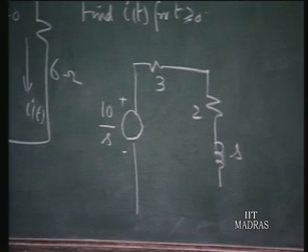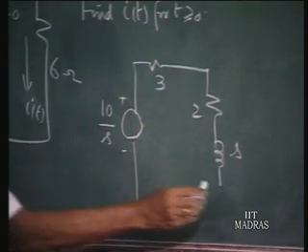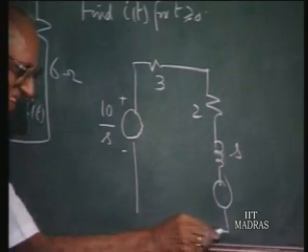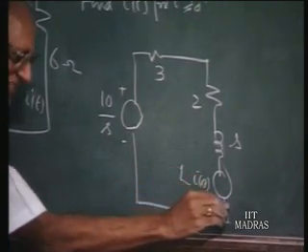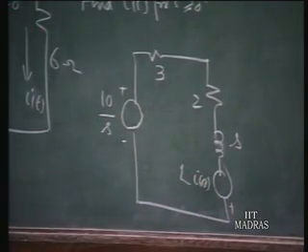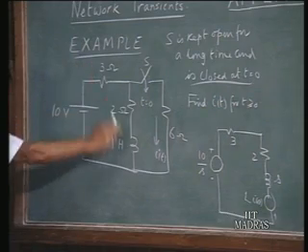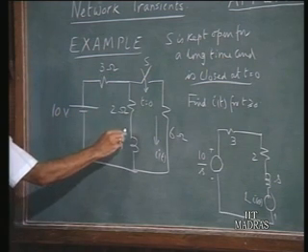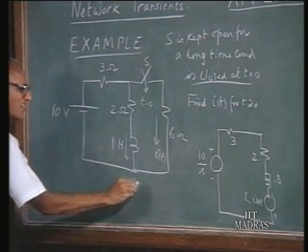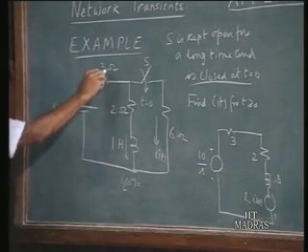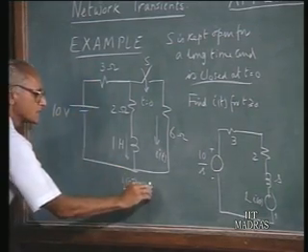But we must also have here L i0, a voltage representing the initial current in the inductor. And what is the initial current in the inductor? When the switch is kept open, 10 volts drives the current through 3 plus 2, 5 ohms. Therefore, the current here, iL(0 minus), is 10 divided by 5, 2 amperes.